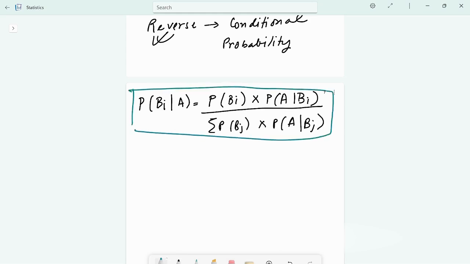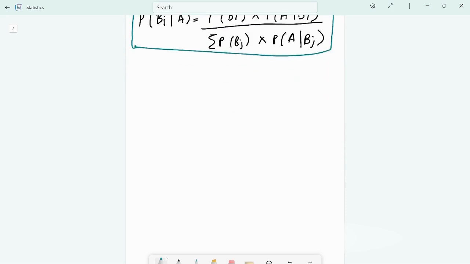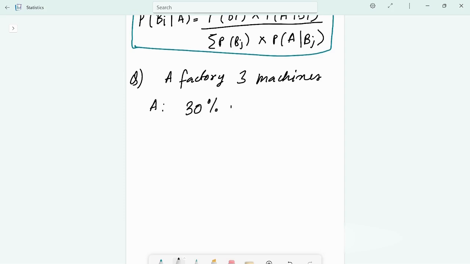This is not a very complicated formula, but it is very much used in advanced statistics. So please understand it. We'll understand this with an example. Let's take the example where a factory has 3 machines. Machine A produces 30% of the items, where 2% are defective.